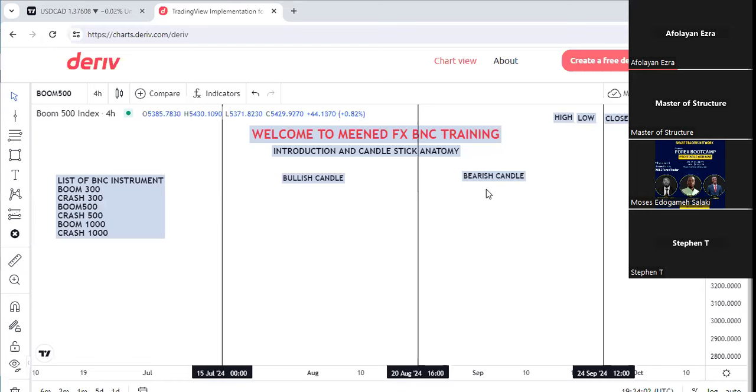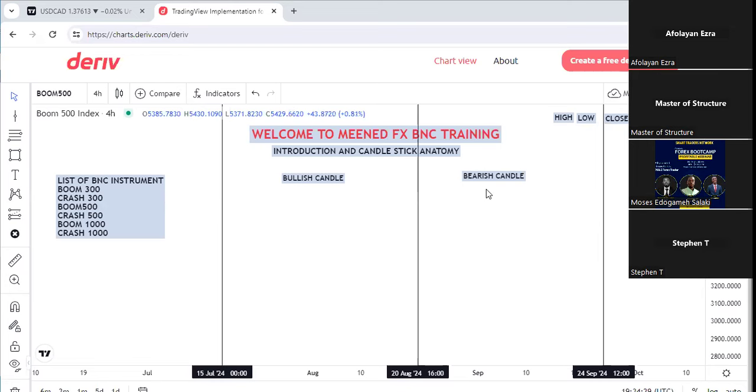All these assets are tradable. You can trade all of them, but you need to understand how they move and how volatile they are. For instance, the minimum lot size for boom 300 is one lot size. Previously, when we started trading this asset, the minimum lot size was 0.1.